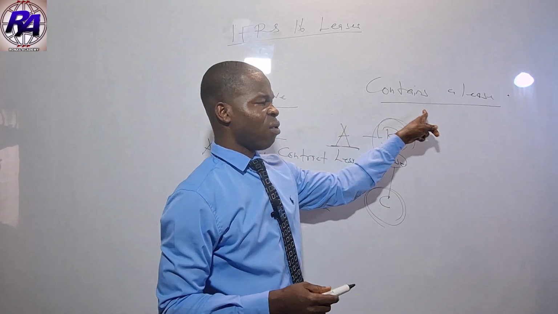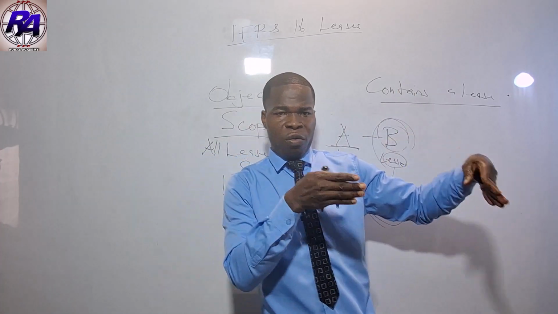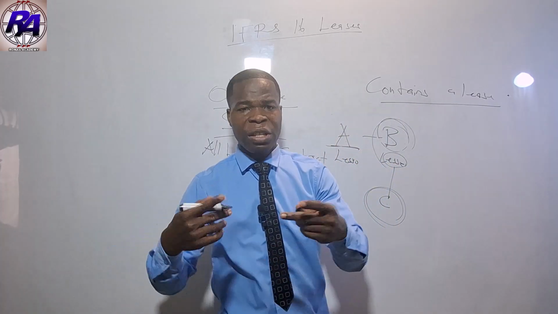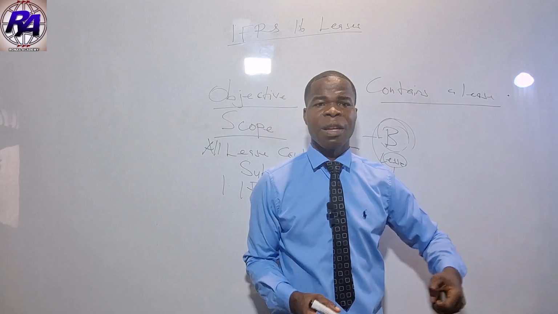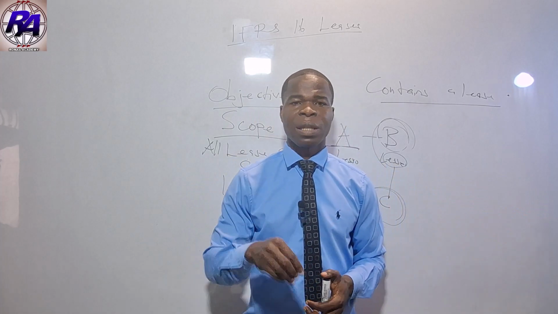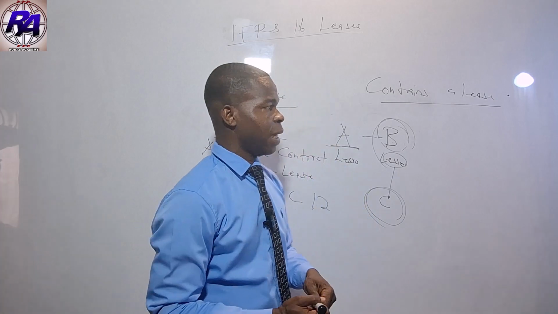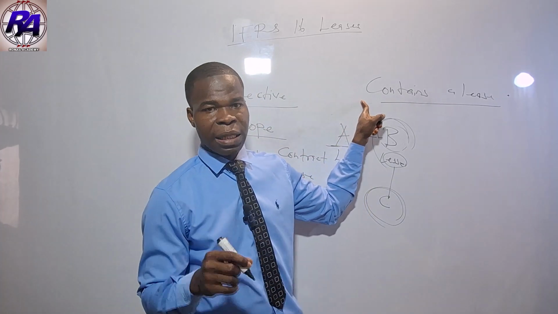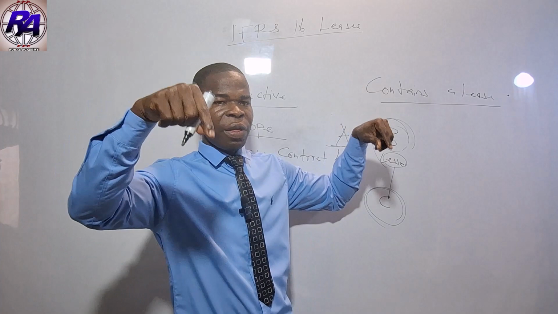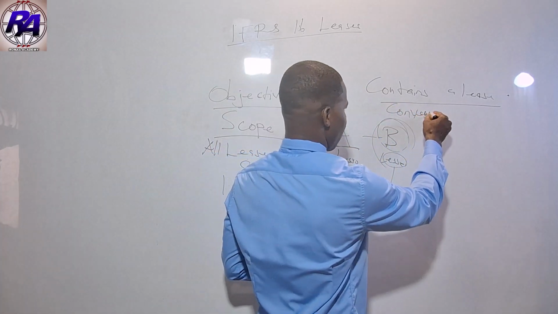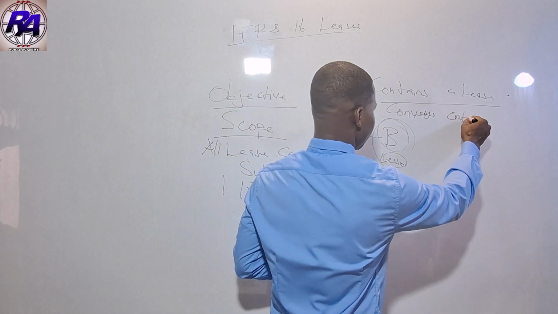So if the contract conveys control of an identified asset in exchange for consideration, then we say that particular contract contains a lease. So what I just said is that a contract is a lease or contains a lease when that contract conveys, so the contract is going to convey, the control.